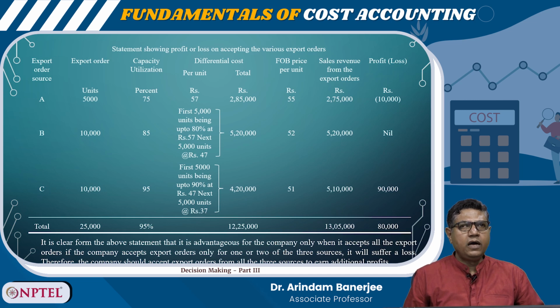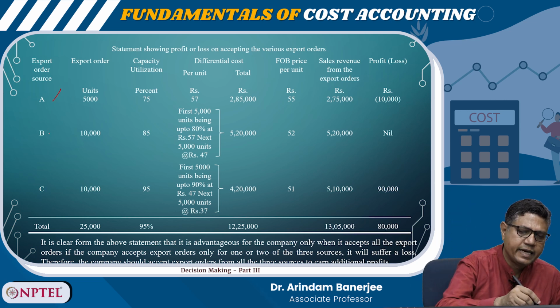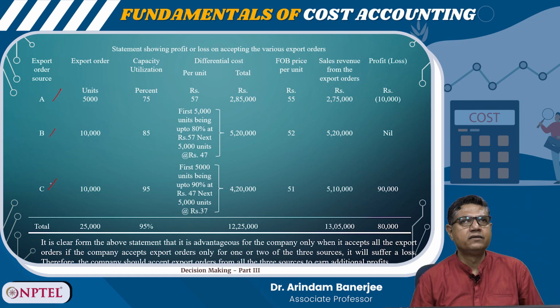Now let us look at the statement showing profit or loss on accepting the various export orders. There are three sources, as already mentioned: the first is A, second is B and third is C, right.